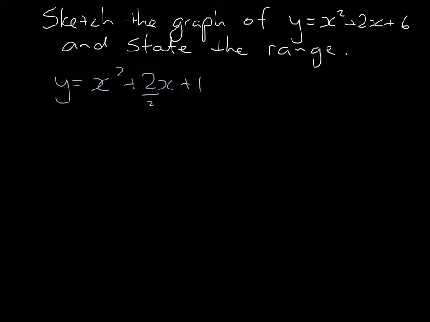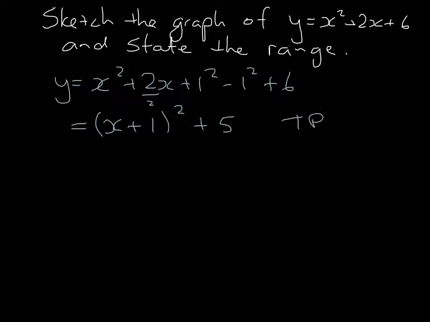So I go plus 1 squared minus 1 squared plus 6, which equals x plus 1 squared minus 1 plus 6, which is plus 5. So that tells us that we're going to have a turning point at -1 and 5. And it is a positive x squared graph because of that there. So it's going to be a cup-shaped graph.